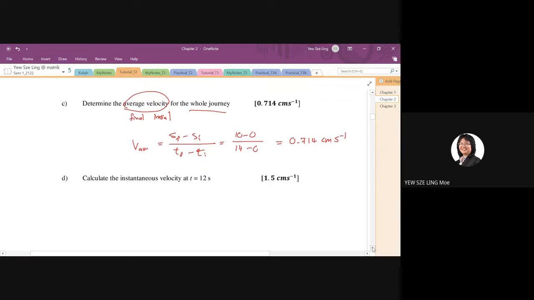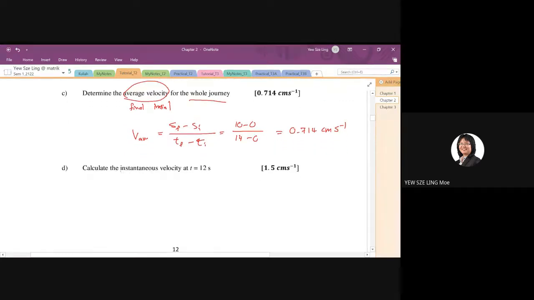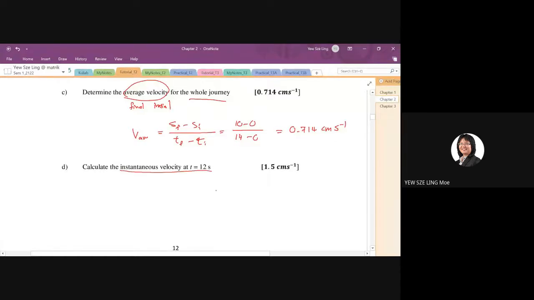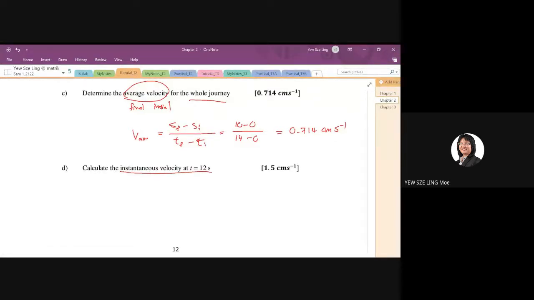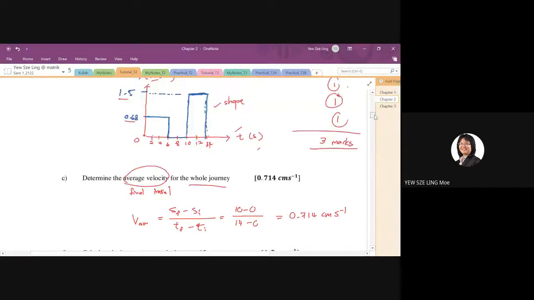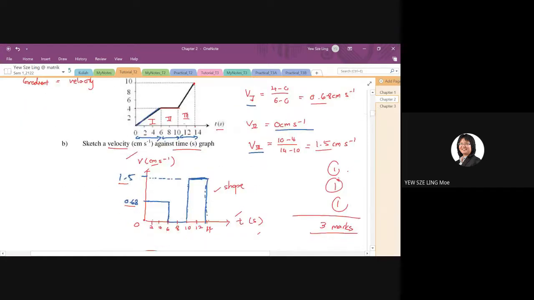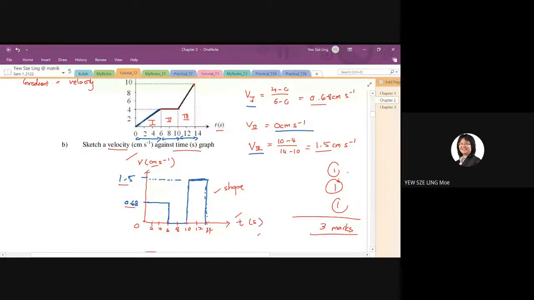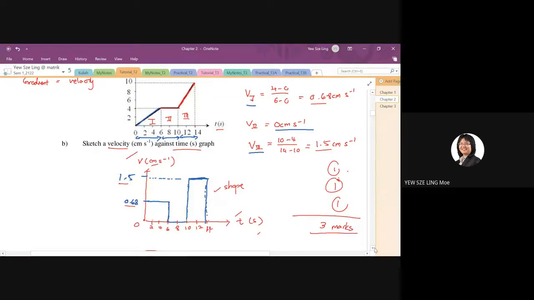Okay, now calculate the instantaneous velocity at time t equals 12 seconds. At t equals 12 seconds, we don't have enough information to calculate the instantaneous velocity. But what we do know is that along this slope, the object is moving with uniform velocity.